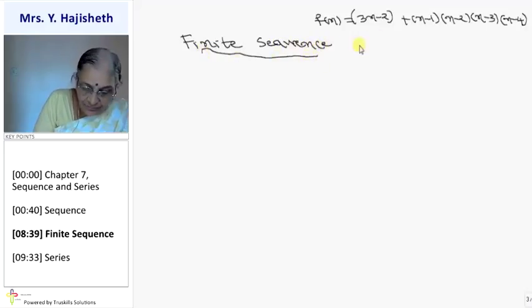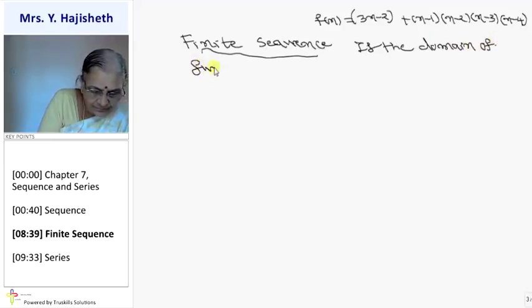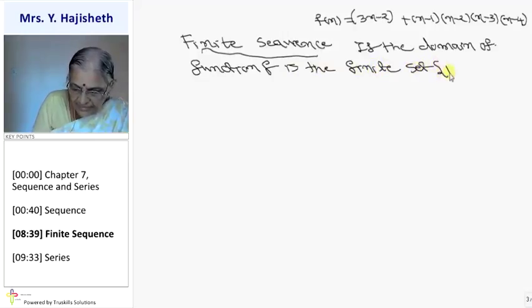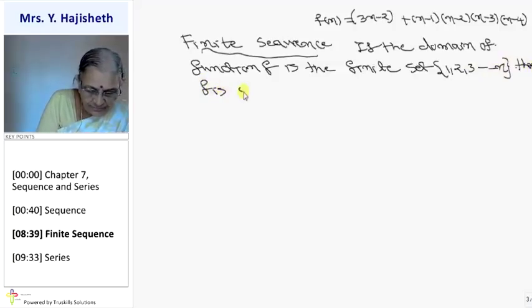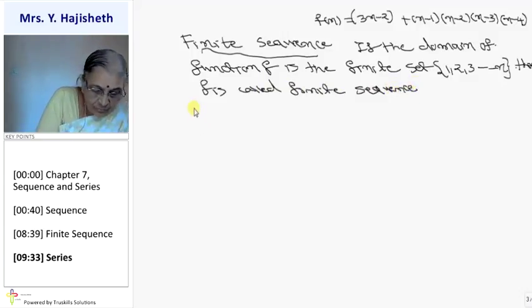A finite sequence means, if the domain of function f is a finite set, that is, it starts from 1 and reaches up to any natural number, then f is called a finite sequence. My domain starts with 1.